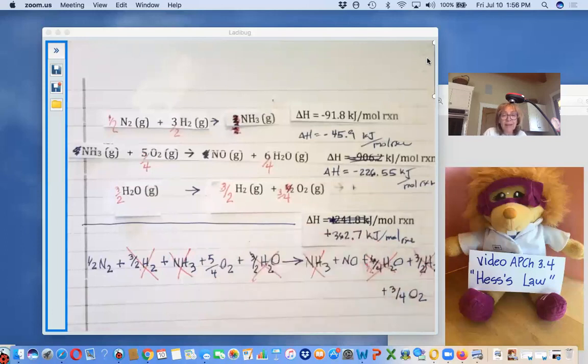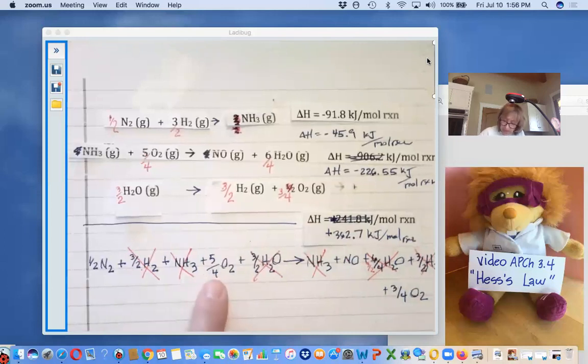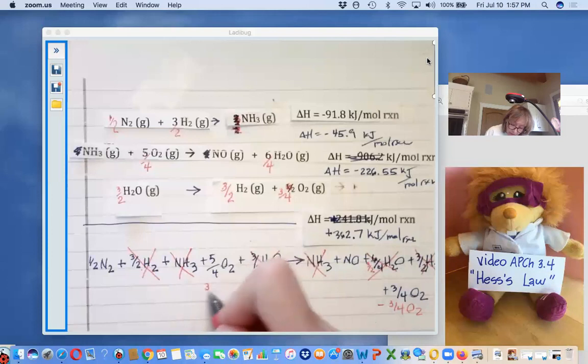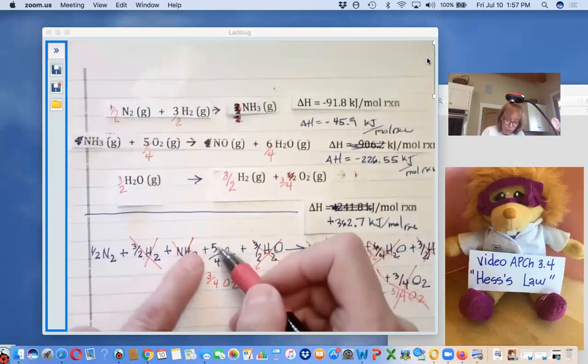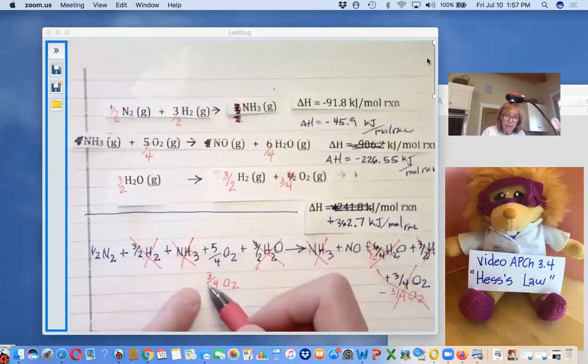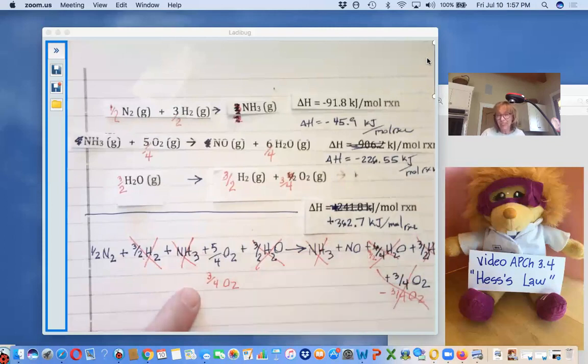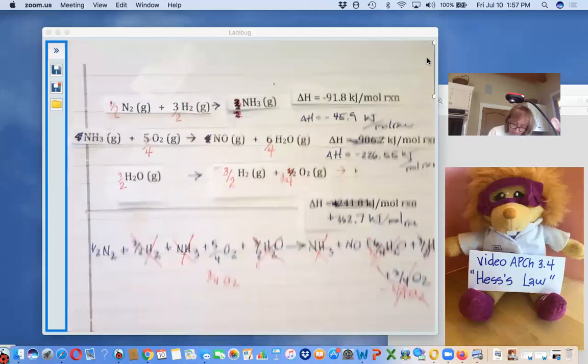Okay, lastly, I have 5/4 oxygen and I have 3/4 oxygen. If I subtract 3/4 oxygen from both sides, it's gone here, and 5/4 minus 3/4 equals 2/4, which is also equal to 1/2.